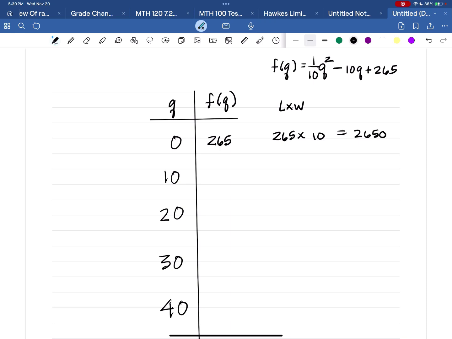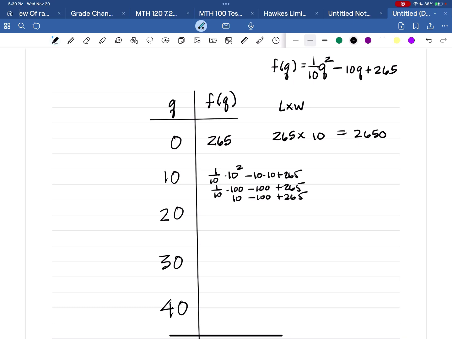Now when I put 10 in there, I get 1/10 times 10 squared minus 10 times 10 plus 265. That's 1/10 of 100. You can do this on your calculator for sure. Plus 265. So that's 10 minus 100 plus 265.